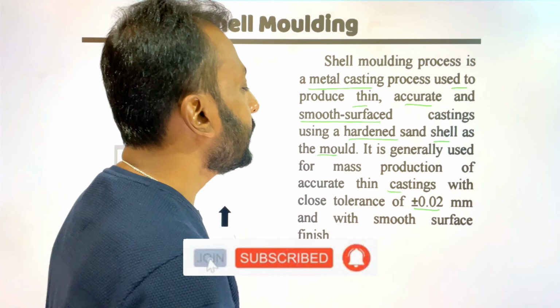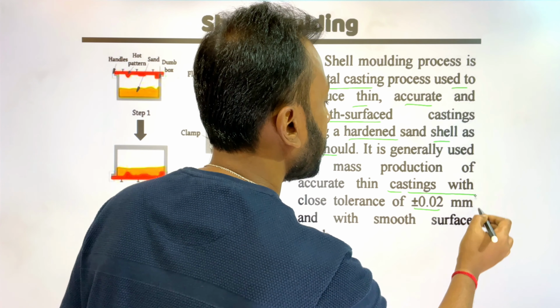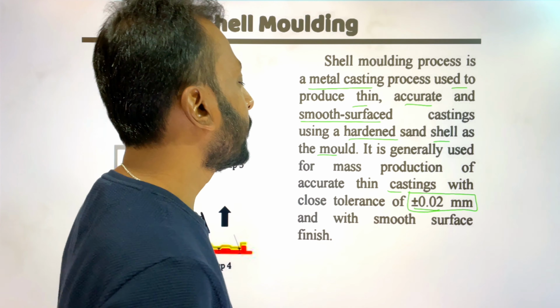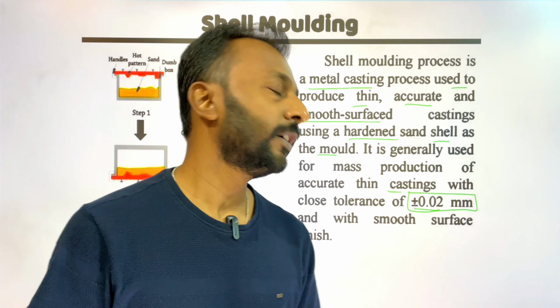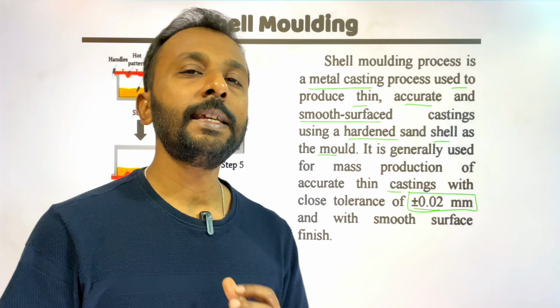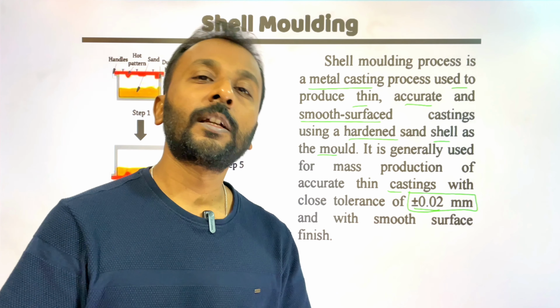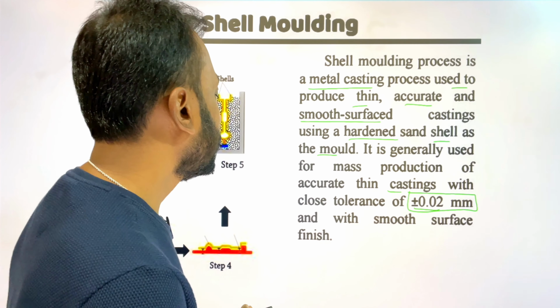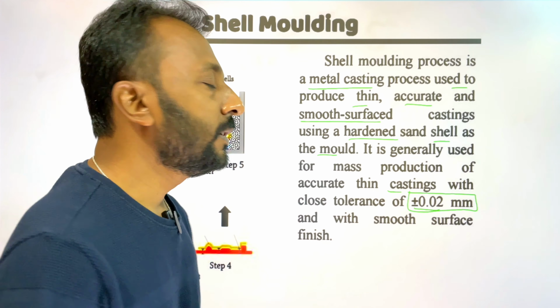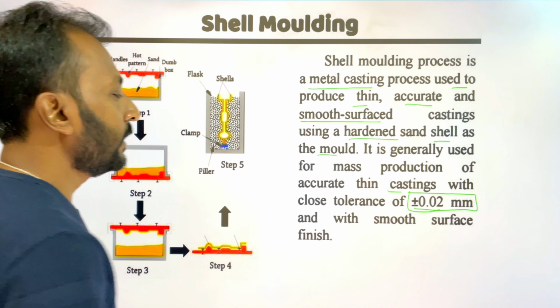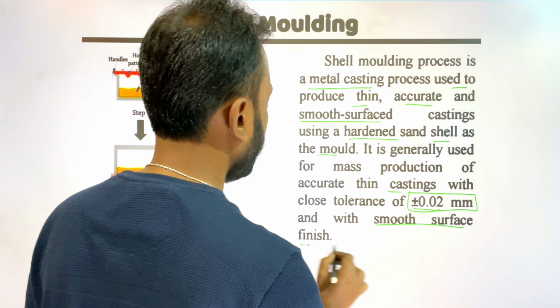So we can see that the tolerance is very limited. So the dimensional accuracy is very high and the surface finish is very high. That's why it is widely used in industry. So here we get very smooth surface finish.